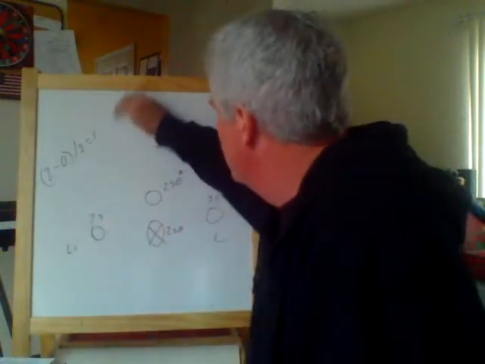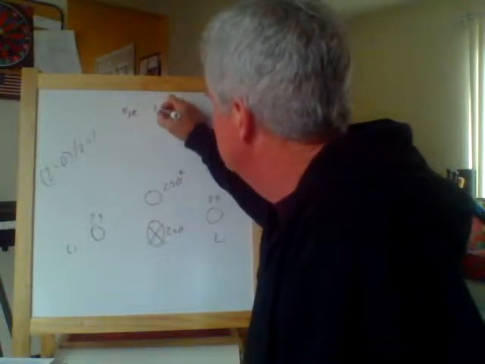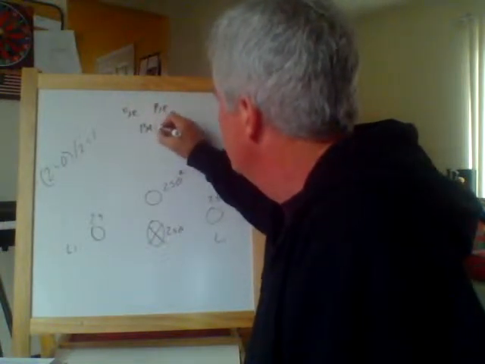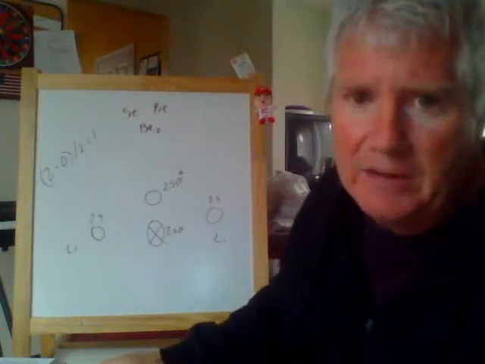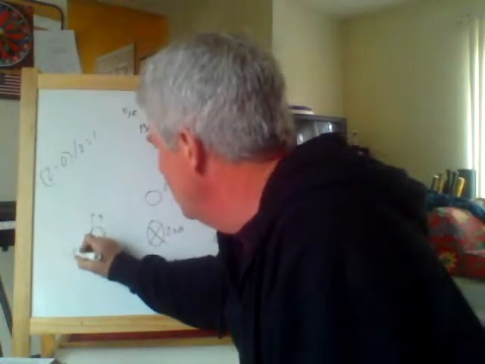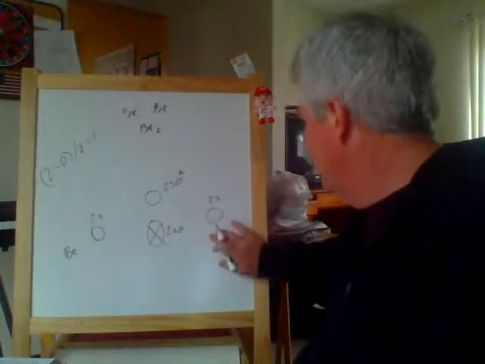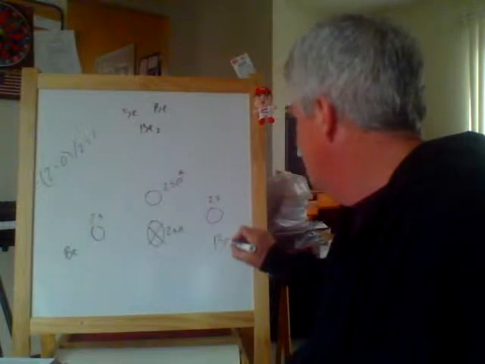Let's look at the next element, which is beryllium, and the type of bond formed in diatomic beryllium. Beryllium is similar to lithium in that it has a 2s orbital, and it has 2 electrons that fill it.